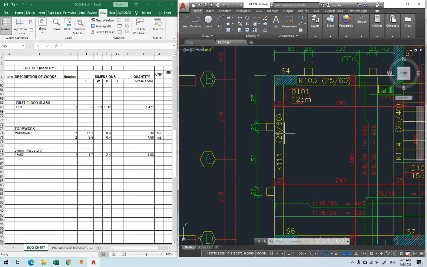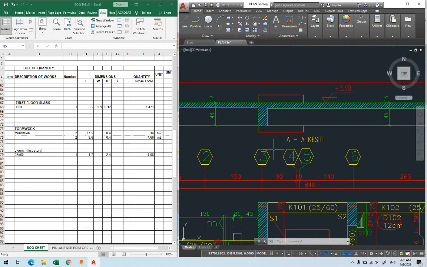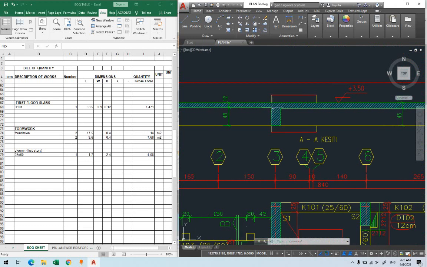Another one that I want to show to you here is when we have two different slabs around the beam. Look here, this slab is 12, this one here is 15. This is 15, it's not shown. So what we have here, when we're trying to find the formwork for this beam, this side is a bit shorter than this side. You have three, you have to calculate them.